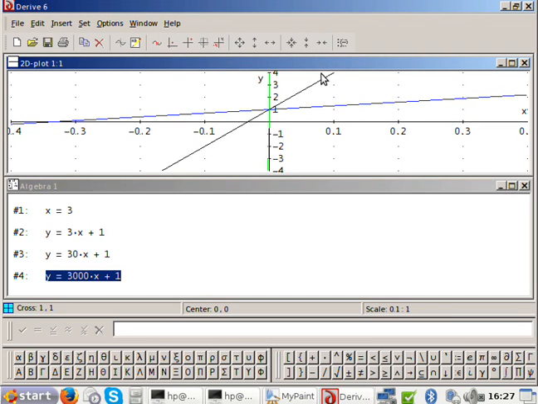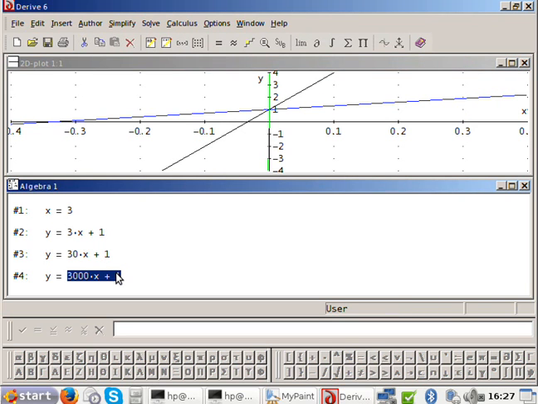The black line, the slope is 30. The green line, the slope is 3000. So what happens when I make the slope bigger? What happens to the line? It continues going north.